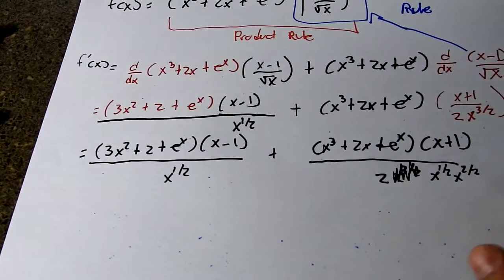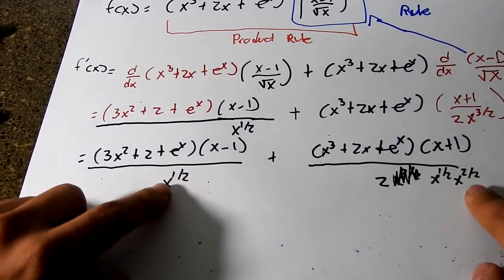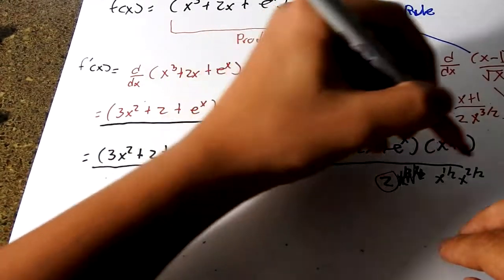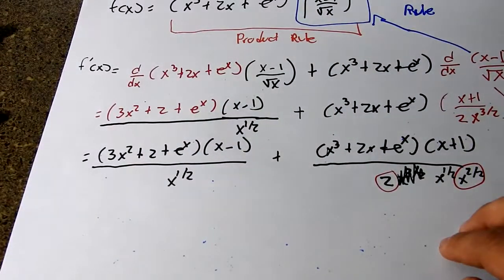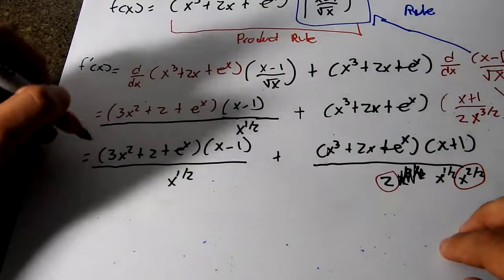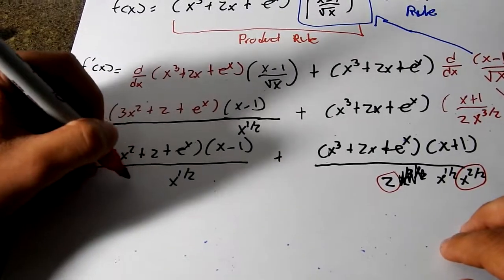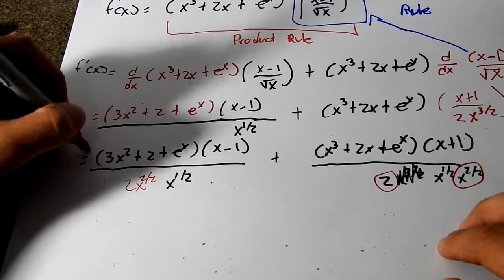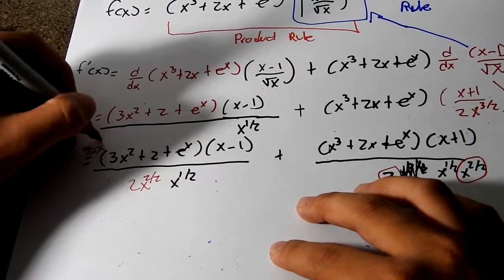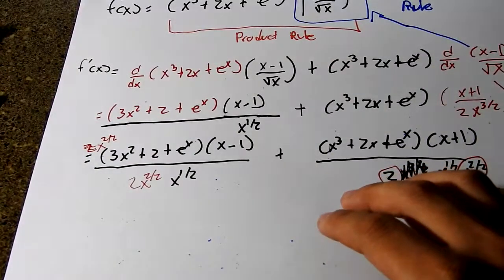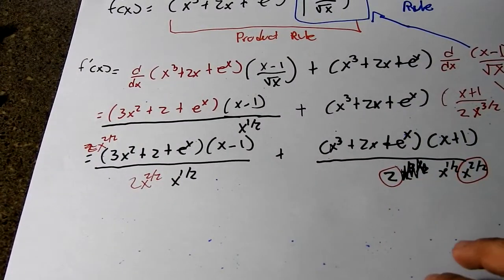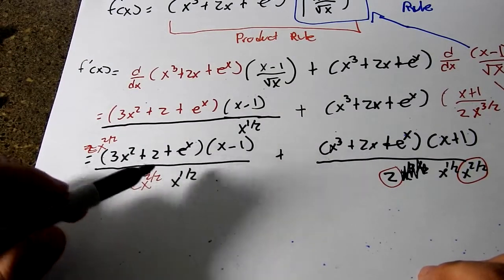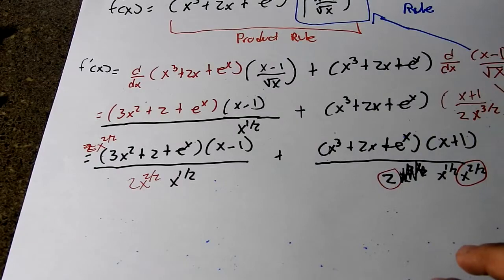So now we're going to do the same thing. What am I missing here to make the denominators the same? I'm missing a 2 and I'm missing an x to the 2 over 2. So I'm going to multiply here in this fraction to make it equal. I'm going to multiply 2x2 over 2. So we're gonna have the same denominator, 2x to the 3 halves. Sorry, this is a long problem.